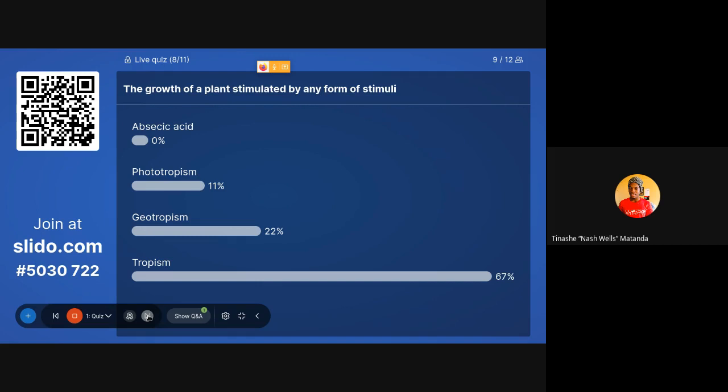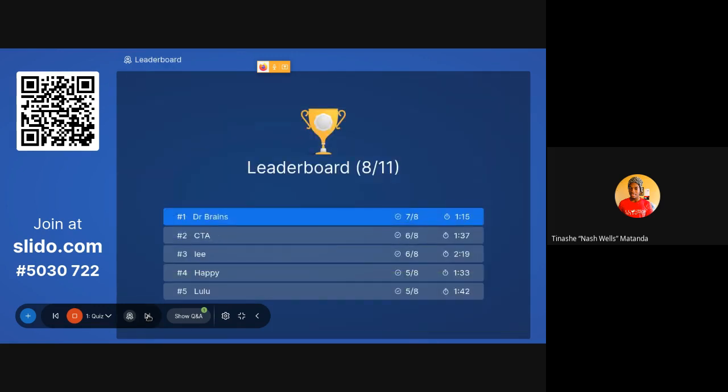Others said phototropism, geotropism. The answer to that is just tropism. Remember, phototropism is response to light, geotropism is response to gravity, tropism is response to all kinds of stimuli. All right, then the leaderboard, we still have Dr. Brains on top, followed by CTA, Lee, Happy, and lastly it is Lulu.